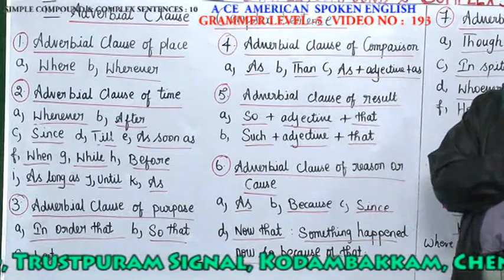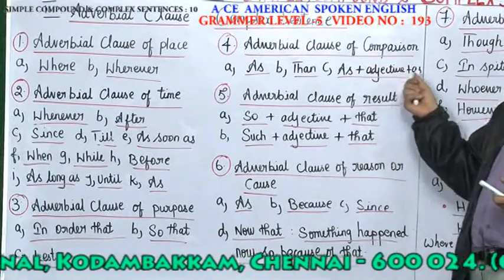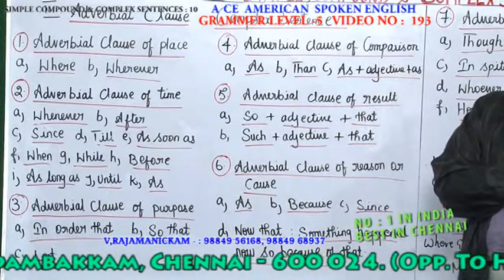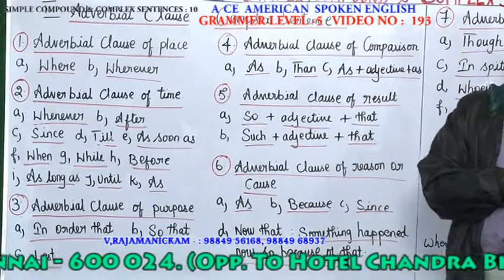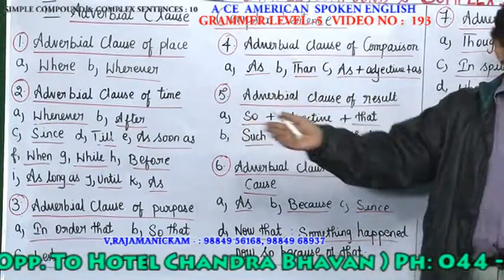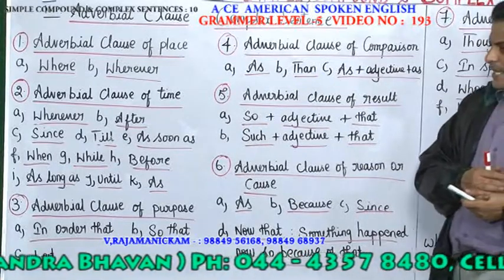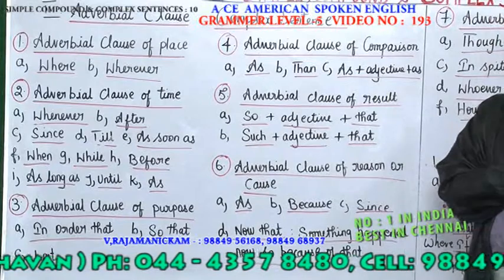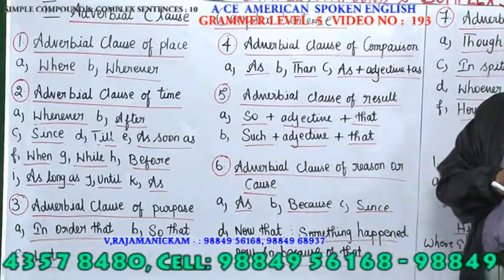Than as a comparison. As plus adjective plus as. Could you form a sentence using as plus adjective plus as? See, for example, how does he look? He looks as good as a student looks. So he is looking so bright.